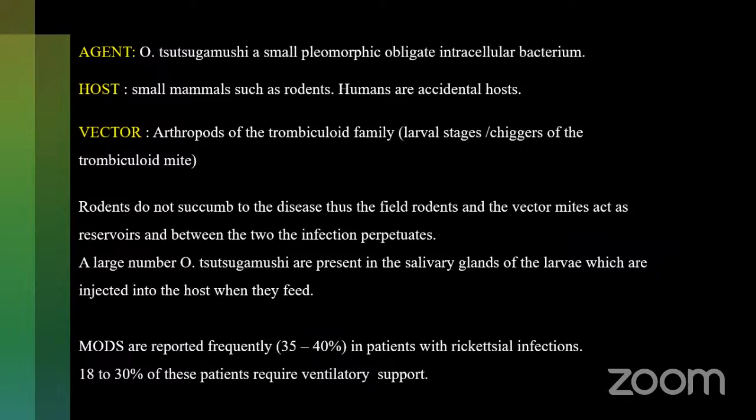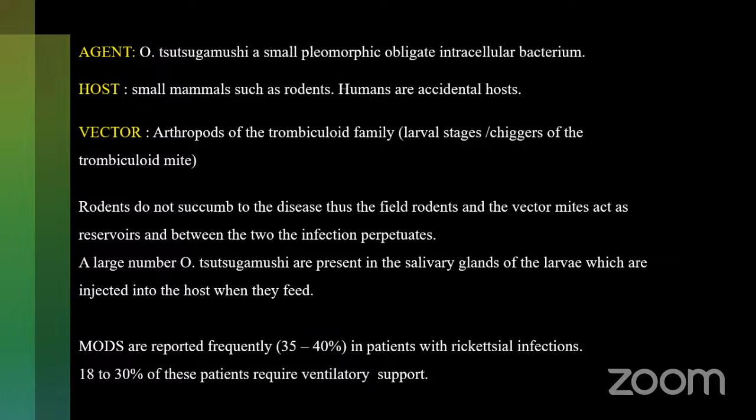So the agent, as we know, is the Orientia tsutsugamushi, which is a small pleomorphic obligate intracellular bacterium. And the host are usually the small mammals such as rodents. Humans are accidental hosts in this. And vectors are the arthropods, that is the trombiculoid mites, which belong to the trombiculoid family. Mostly the larval stages or the chiggers of this mite are the predominant vectors.